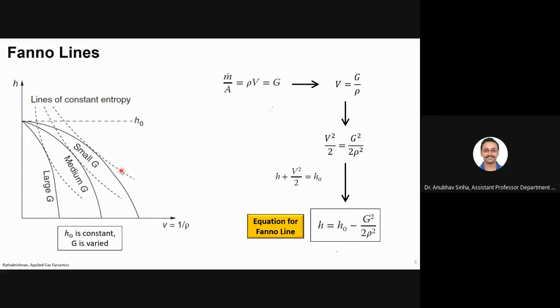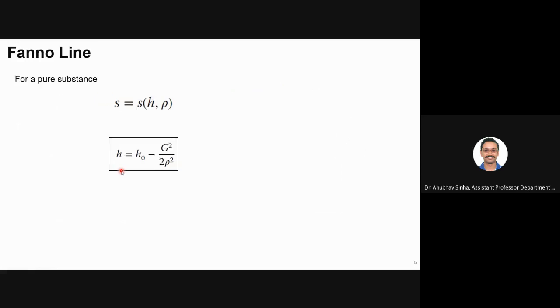Generally, for a pure substance, we know that entropy can be defined as a function of enthalpy and rho. So any temperature or volume changes can be accounted for by these two variables. This is the equation we have for the Fanno line.